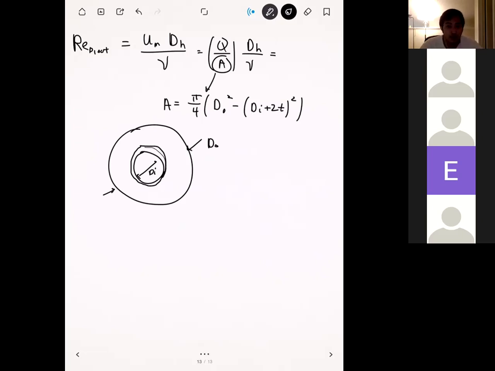Okay, and so that diameter there is going to be basically DI plus 2t. So that's why we use that. Okay. All right. And so we plug all that in, and what we get is a Reynolds number of 5,835.68. Okay. And this is also turbulent.